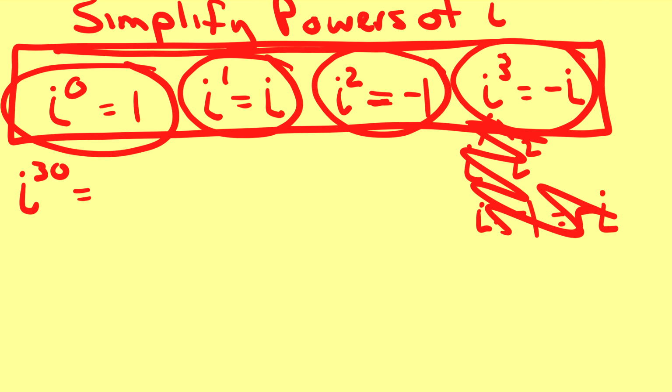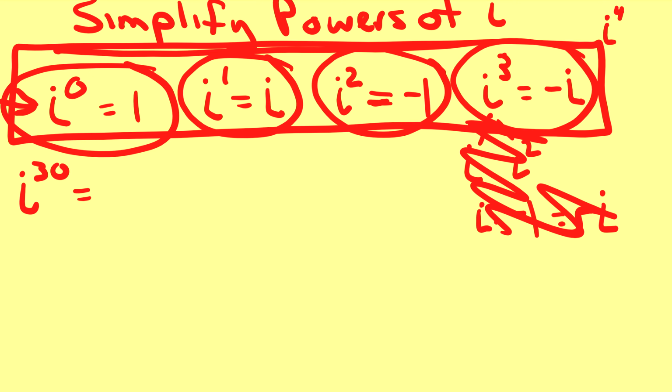If I went to i to the 4th, that would be i squared times i squared, negative 1 times negative 1, which equals positive 1, which I have over here with i to the 0. So this sequence repeats itself every 4 components, or 4 factors.